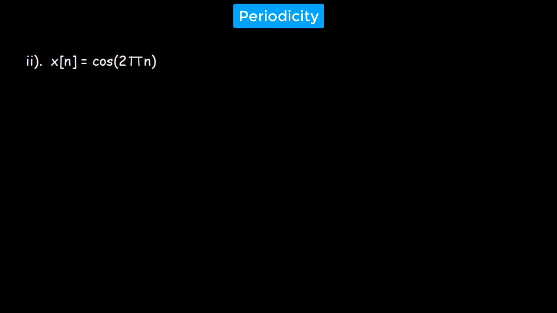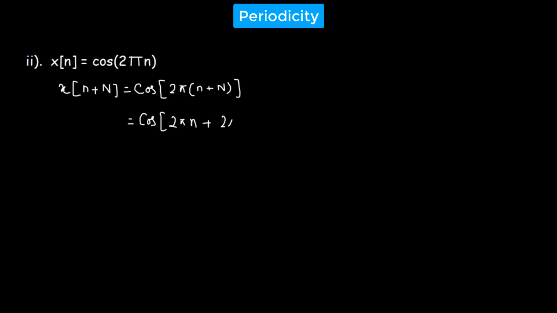So let us begin by finding the value of x of n plus capital N. That will be equal to cosine of 2 pi times small n plus capital N, and that gives us cosine of 2 pi n plus 2 pi capital N.